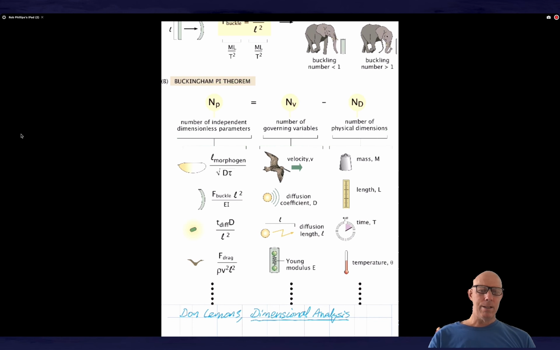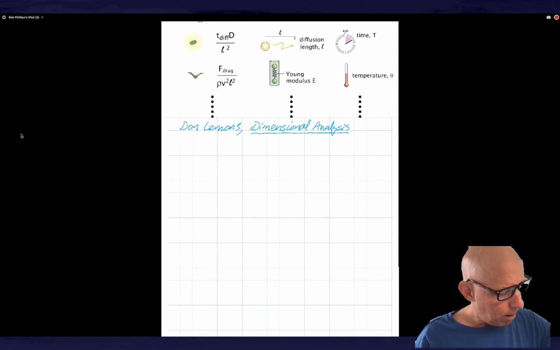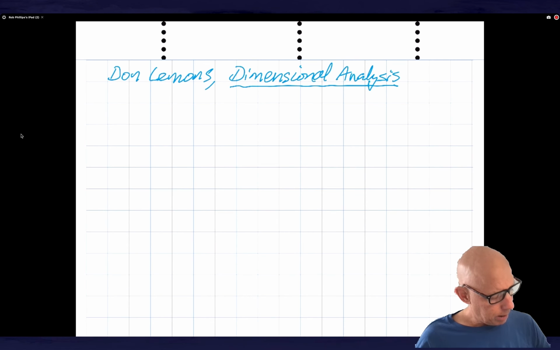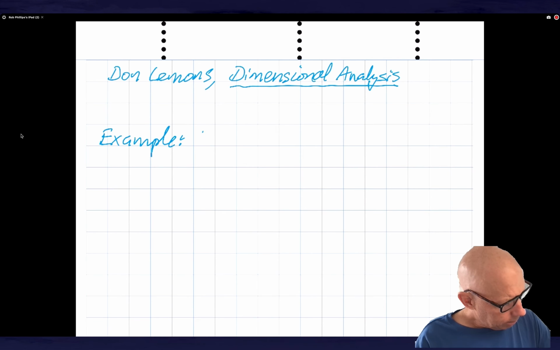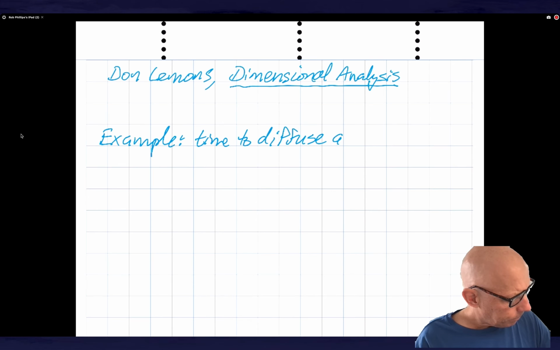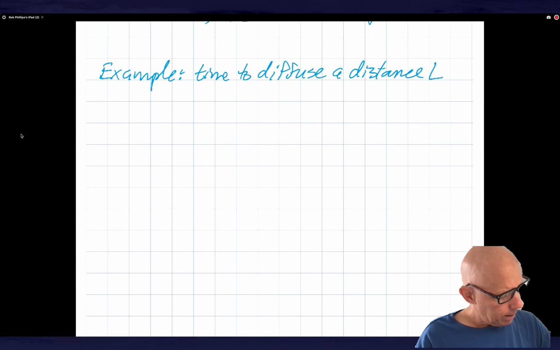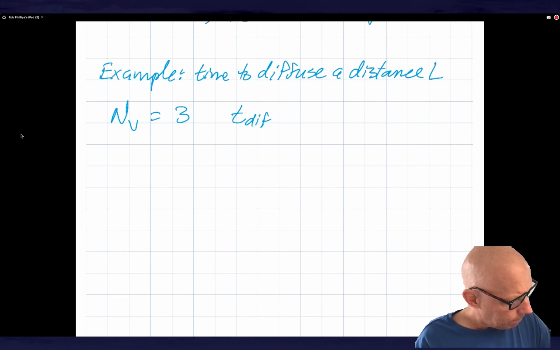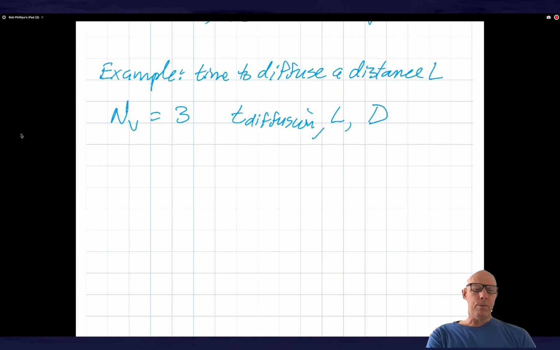So in order for that to make sense to you, I need to explain the two things on the right-hand side. Number of governing variables. Well, let's be concrete. So for the problem of diffusion time, for example, the time to diffuse a distance L, I called it NV, and I claim that's 3 because we have T diffusion, we have L, and we have D. Those are the three governing variables.